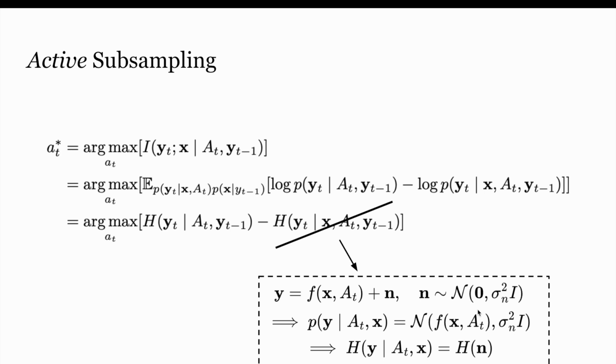So this would just be a normal distribution placed on the Fourier transform of that knee image, with some Gaussian noise. Since it's a deterministic function to map from the knee to its Fourier transform, the only entropy in this distribution is the entropy of the noise. And so this ends up being totally independent of a_t, which is the variable that we're optimizing here. So this term just becomes a constant that we can cancel out. Then we're just left with this first term, and that's what we use as our objective.